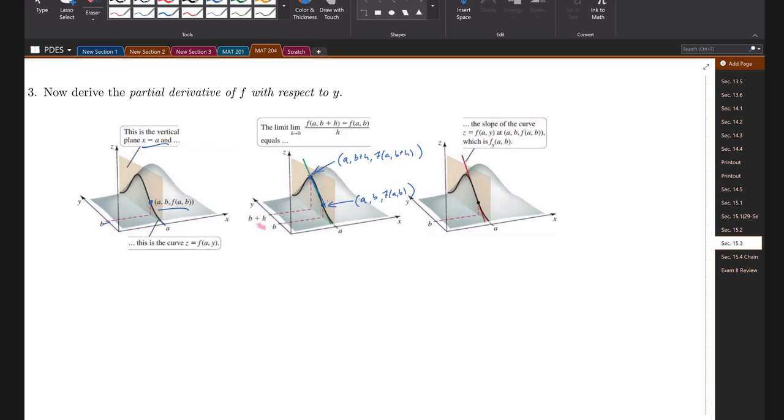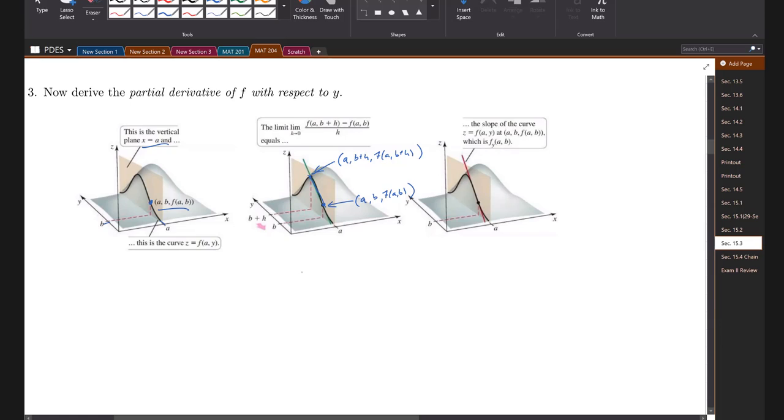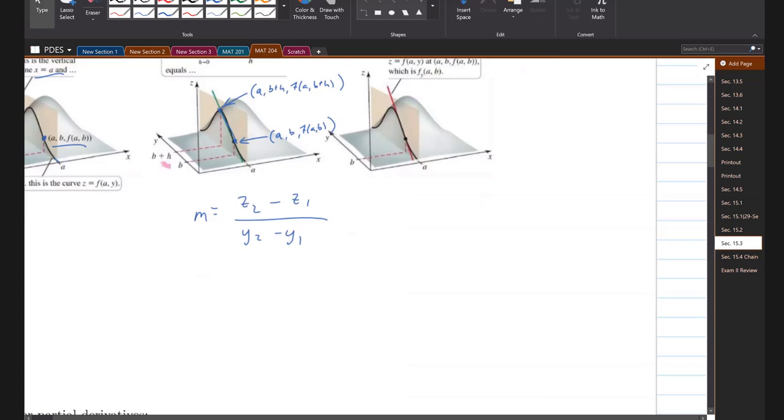Think about the slope formula as z2 minus z1 all over y2 minus y1, because we're in that yz plane now. That's kind of our impetus for going forward.